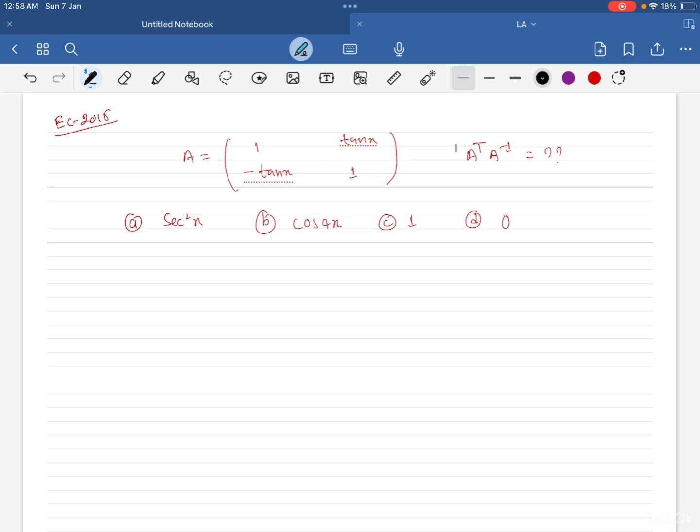So determinant of A transpose A inverse, we can write it as determinant of A transpose into determinant of A inverse, that is equal to determinant of A into 1 divided by determinant of A, right? Because the determinant of A inverse is 1 divided by determinant of A and determinant of A transpose is itself determinant of A, so it is going to be 1, right? So the correct answer for this is C.